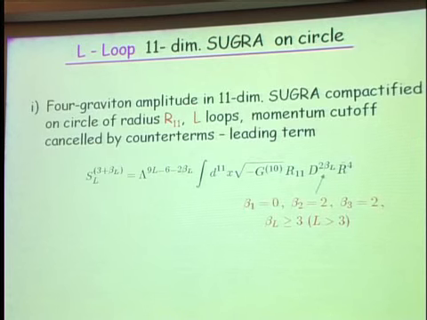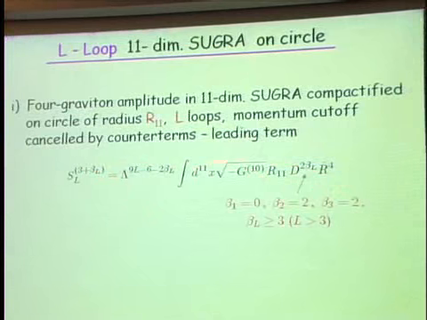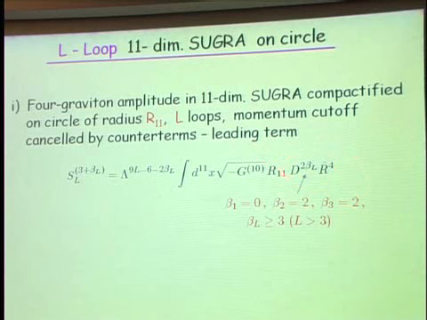So I'm considering an L-loop contribution to string theory on a circle, and it will be divergent, and it will diverge with some power of a cutoff, and the power is related to the number of derivatives in the term I'm looking for. This is an L-loop term, and in L-loops there is an overall factor of some power of derivative times R to the fourth that comes outside of the action, or the amplitude.